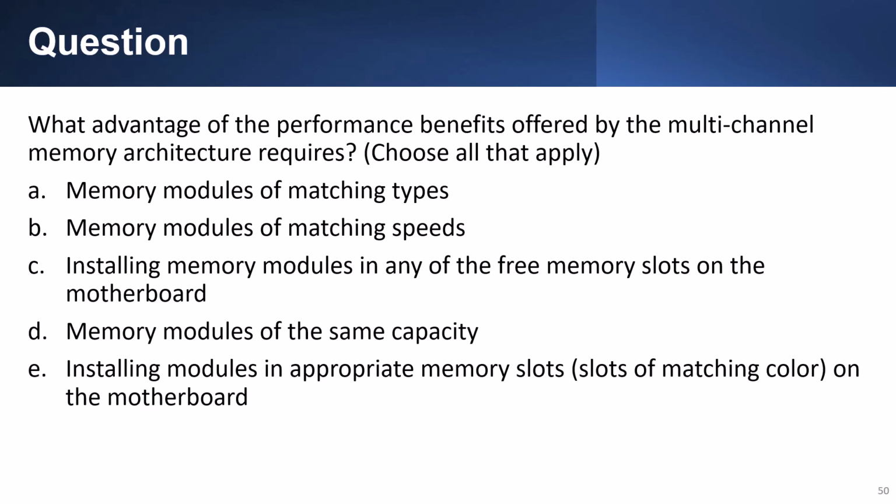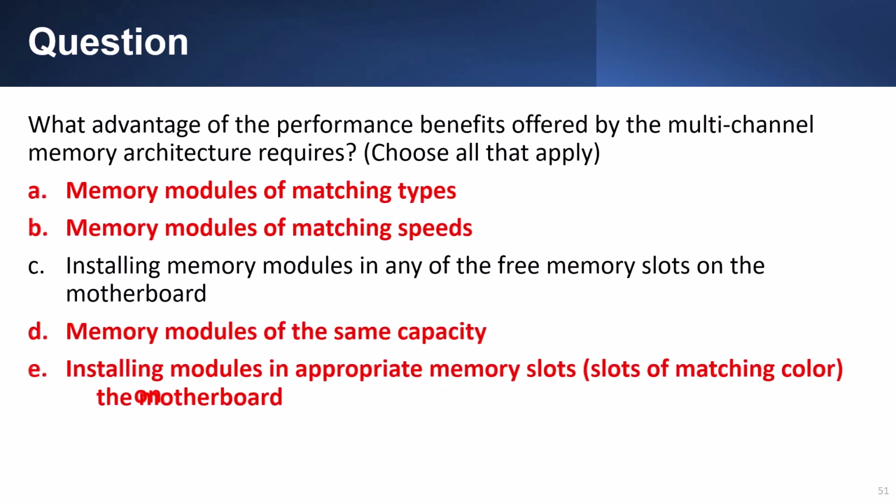Choose all that apply. Answer: memory modules of matching types, memory modules of matching speeds, memory modules of the same capacity, and installing modules in appropriate memory slots, slots of matching color on the motherboard.